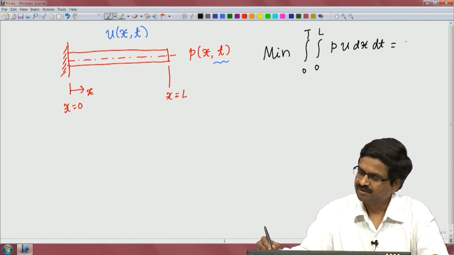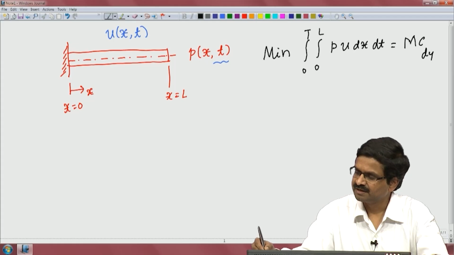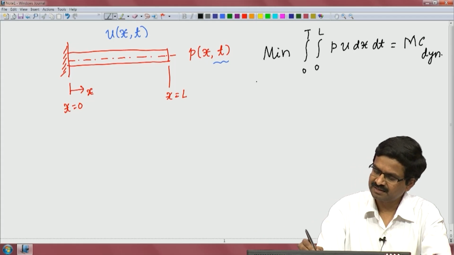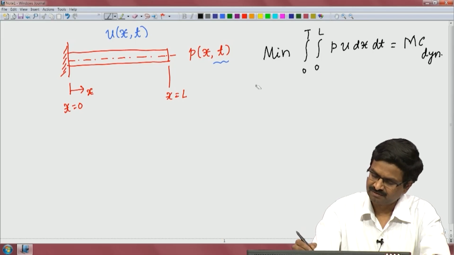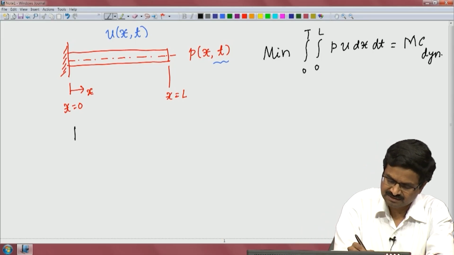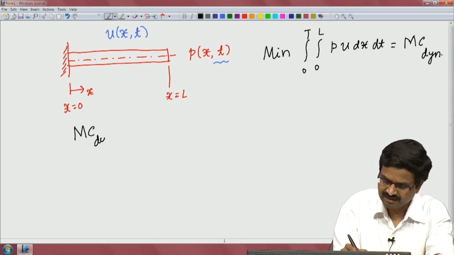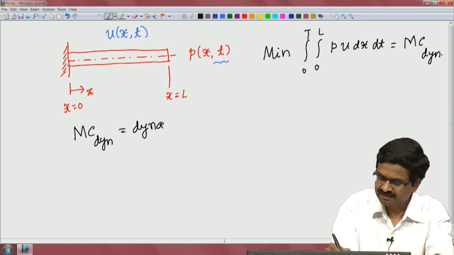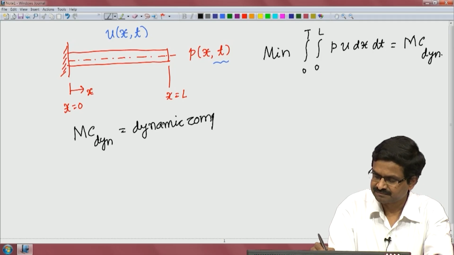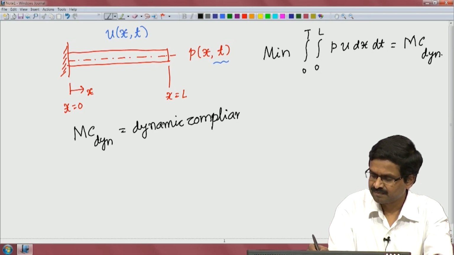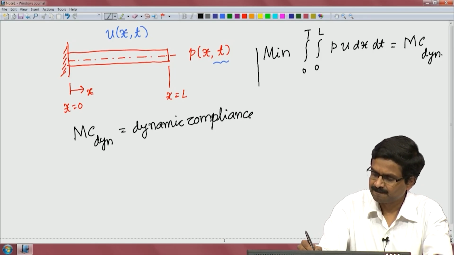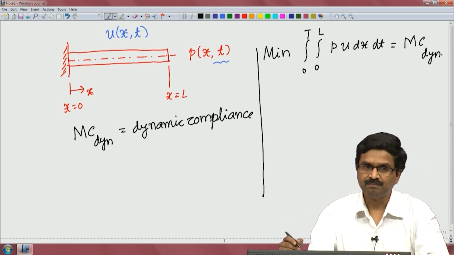So, this one we can call M_C dyne, let us define here. What we would like to minimize, M_C dyne, is what we call dynamic compliance. Okay. We want to minimize this.